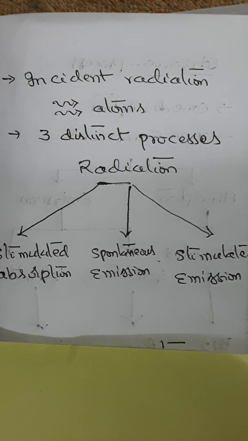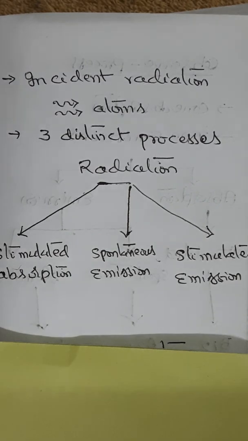From that we concluded that the number of stimulated emissions is proportional to N2 rho nu. By replacing the proportionality, we can write the number of stimulated emissions as equal to N2 into constant B21 into rho nu, where that constant B21 is known as Einstein coefficient of stimulated emission of radiation.